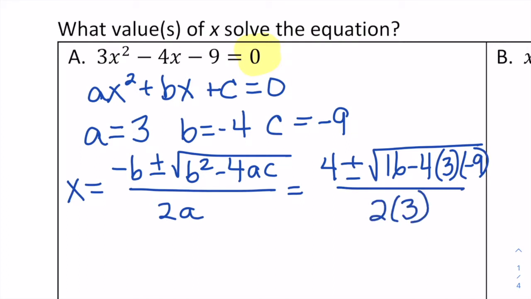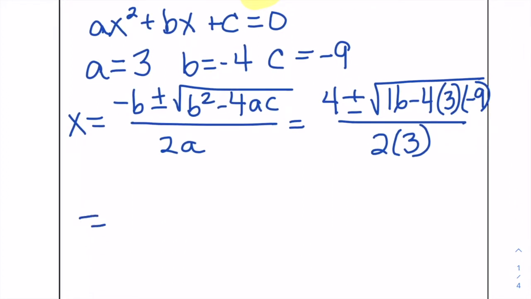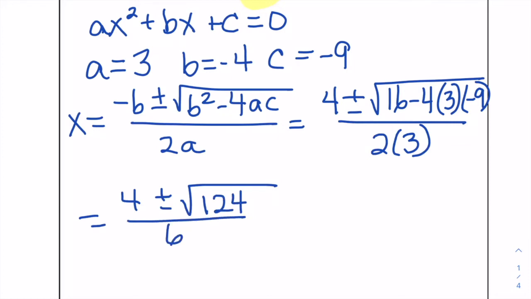Now we've used the quadratic formula, and the rest of the problem is simplifying this radical. So we're going to have 4 plus or minus, inside the radical is 16, and then 4 times 3 times 9, which is 108. So this is going to be the square root of 124, and this will be 6.